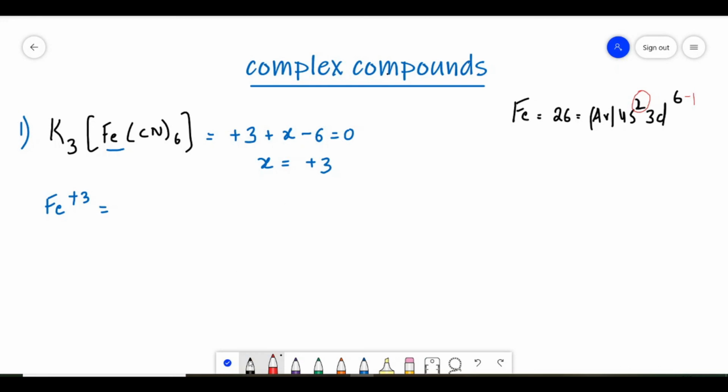Now the configuration we get is argon 4s0 3d5. Never remove electrons from 3d first. Some students take the plus 3 and remove electrons from 3d, writing 4s2 3d3, which is wrong. First we have to remove electrons from the outermost s orbital, then from the d. Remember this point.